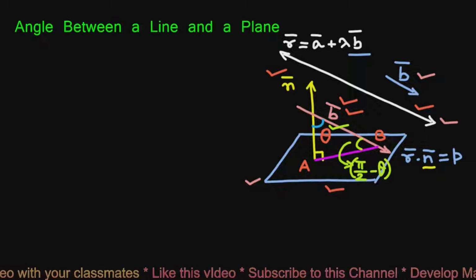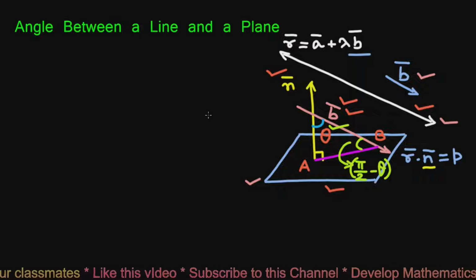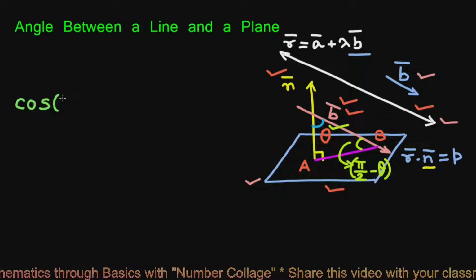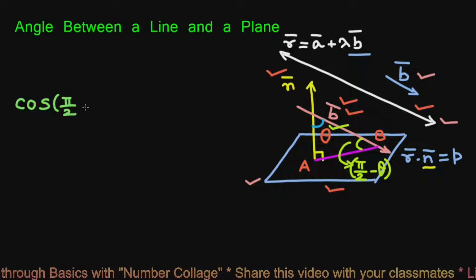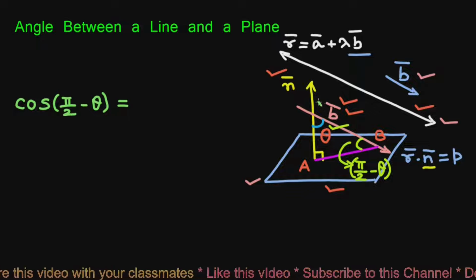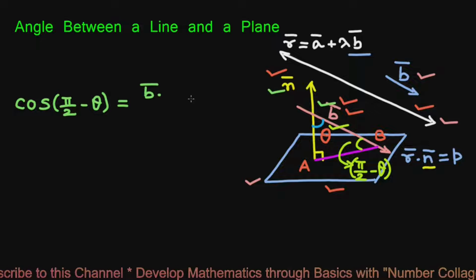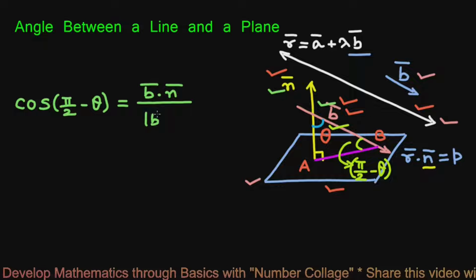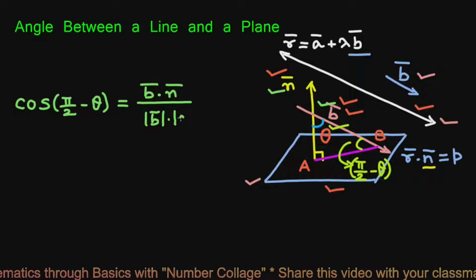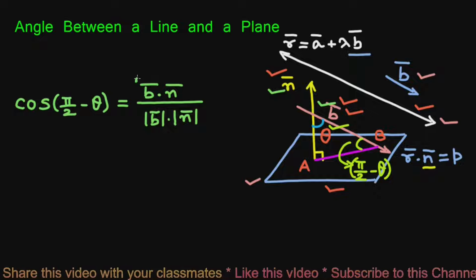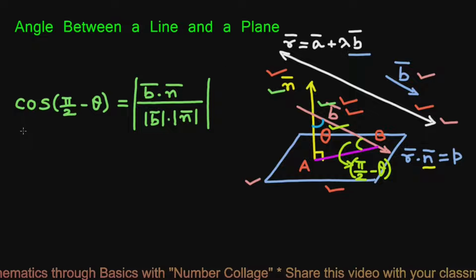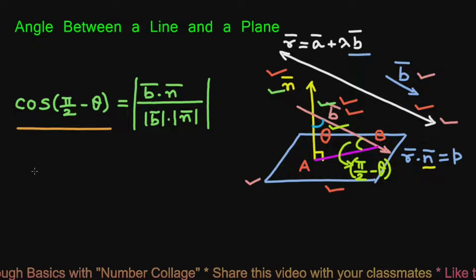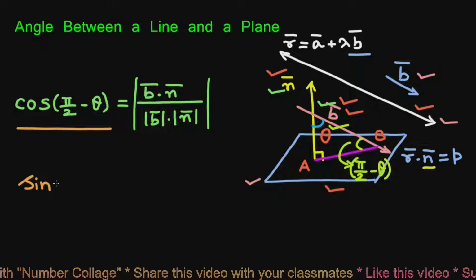So using the formula we write cos of this complementary angle pi by 2 minus theta equals mod of b bar dot n bar upon mod of b bar into mod of n bar. But we know that cos of pi by 2 minus theta is sin theta.